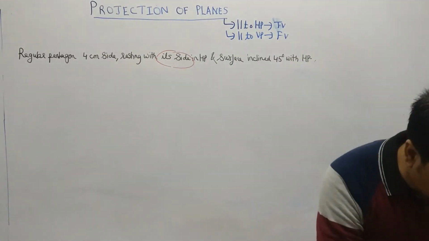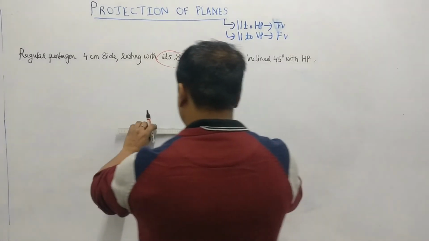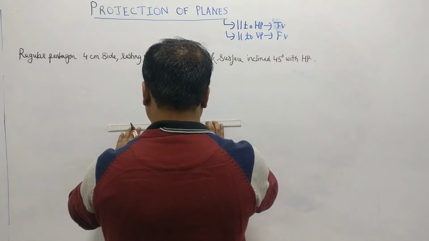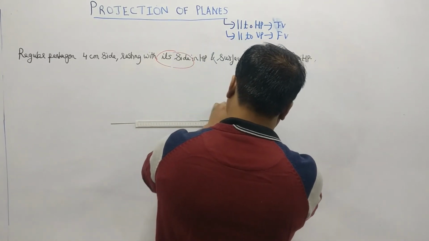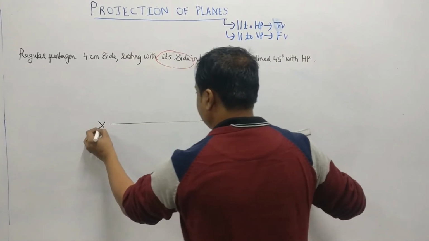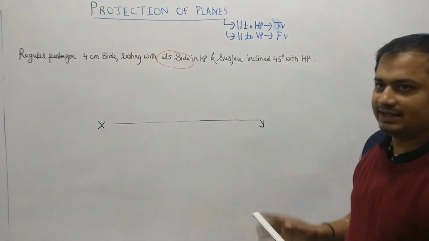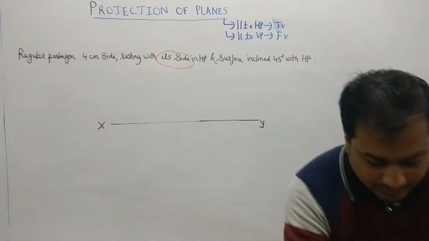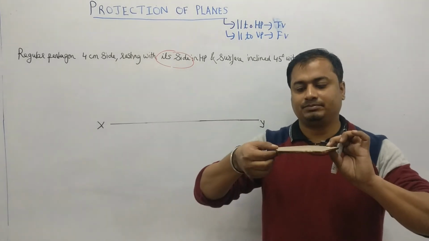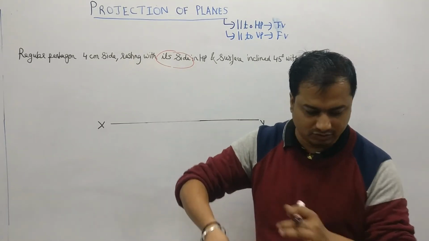Okay, so I will be solving this problem by means of two stages. Since the surface is inclined with the HP, you have to assume it is parallel to the HP. So the pentagon is like this, you assume it like this, and when you see from the top, you will get the pentagon.